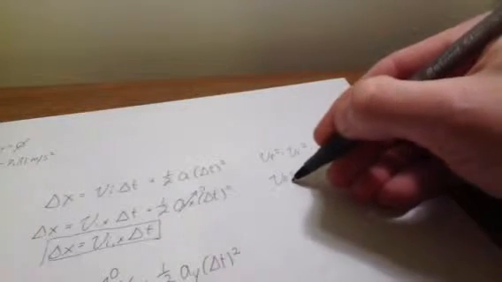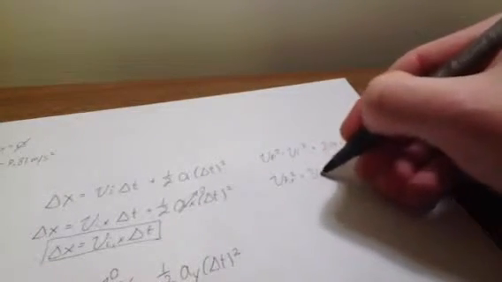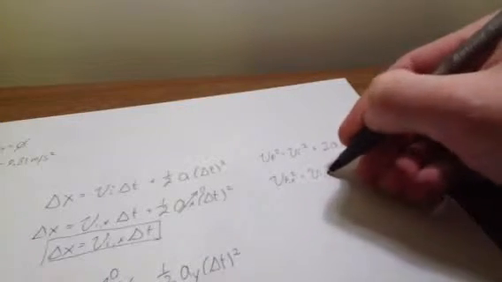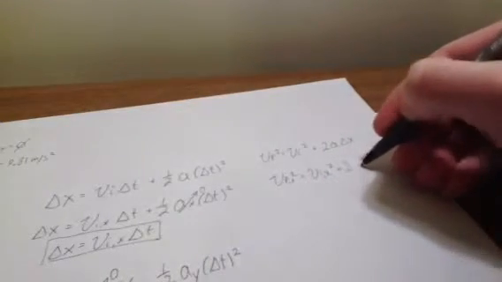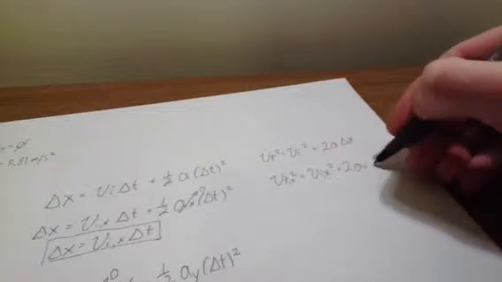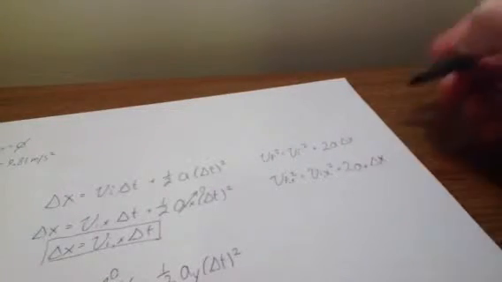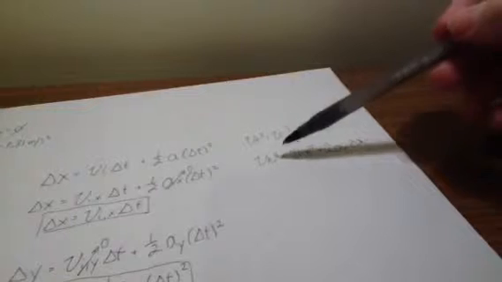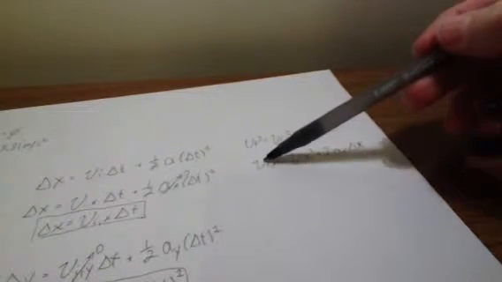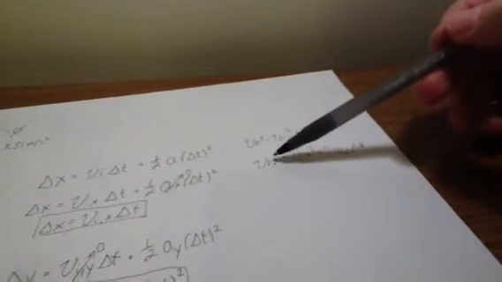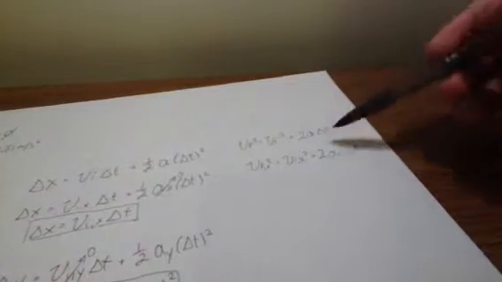Speed final squared sub x equals speed initial sub x squared plus 2 times your acceleration in the x multiplied by your displacement in the x. Okay, so let's see what we've got here. Well, we have speed in the x component final, yes. Speed initial, yes.